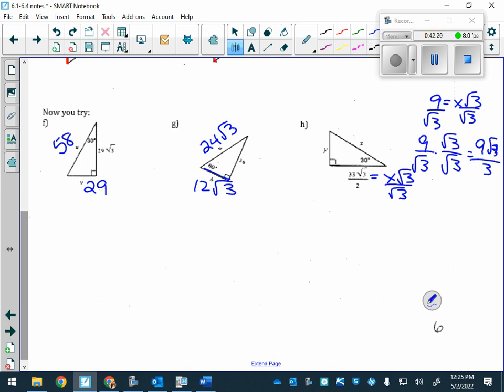When you divide both sides by root 3, you're multiplying, so these guys cancel. So you're left with 33 over 2. Excellent. Good. And what is our hypotenuse? Go ahead, Brian, finish. 33. Good. Your hypotenuse is 33. Since you're multiplying by 2's, the 2's cancel out. Good. All right. Any questions?